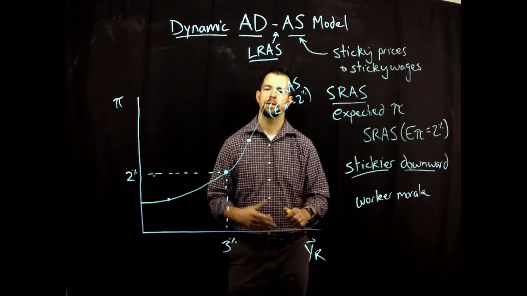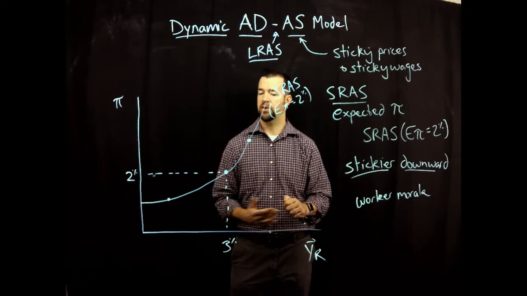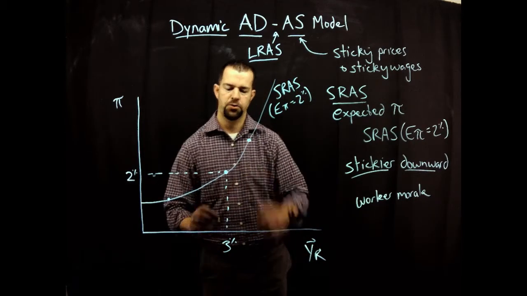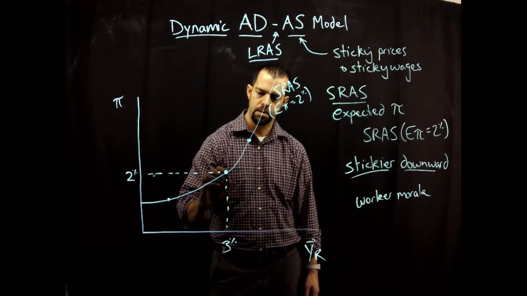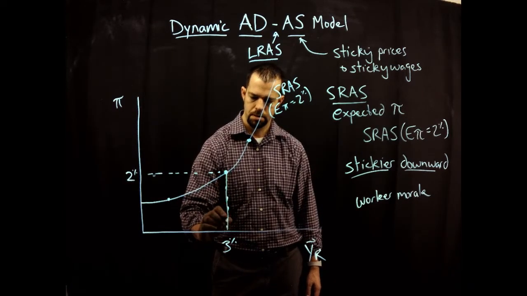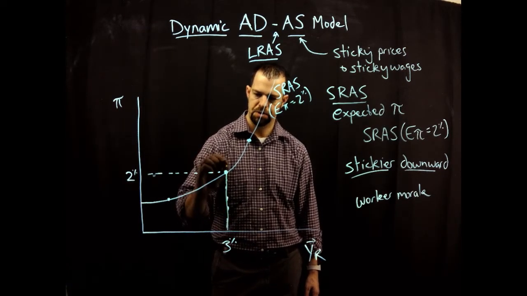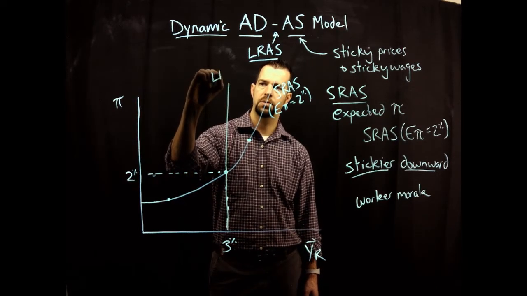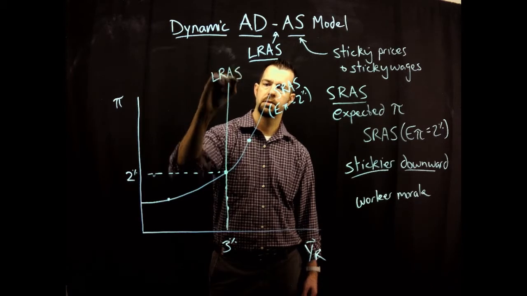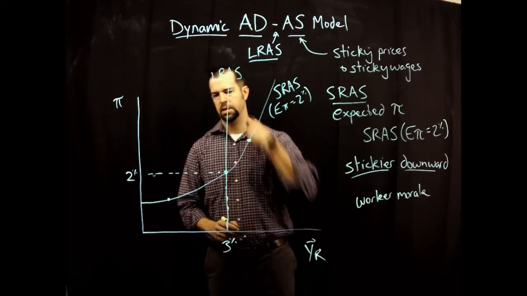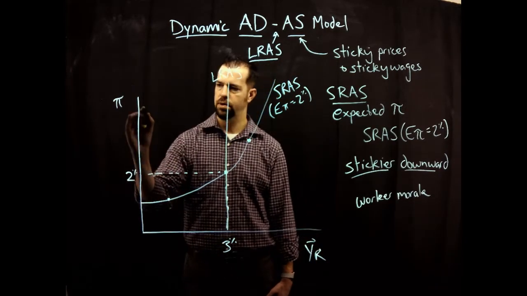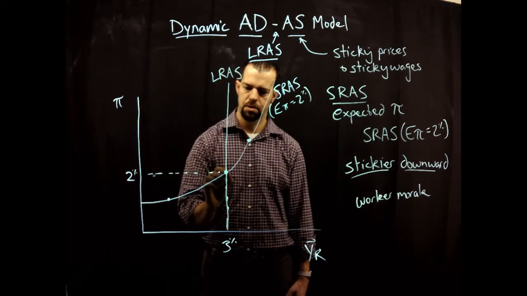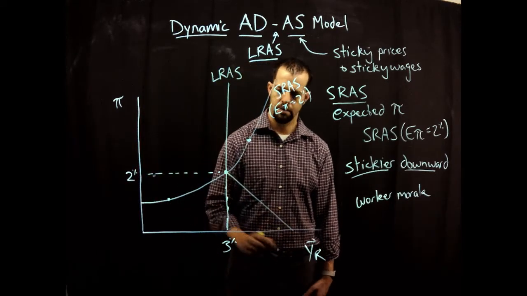Okay, let's go ahead and put the model together here. So let's make the 3% our long run aggregate supply curve associated with that Solow growth rate, that long run growth rate of 3%. And then let's throw in our aggregate demand curve that's associated with a spending growth rate of 5%.